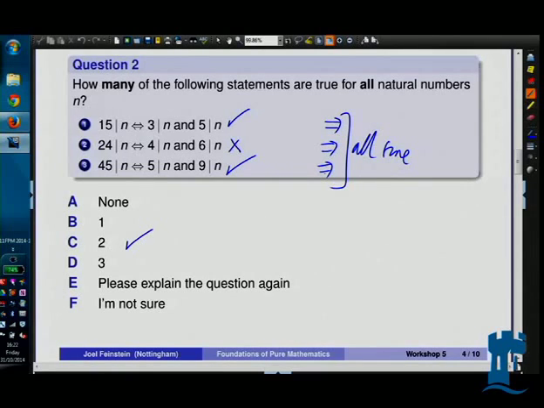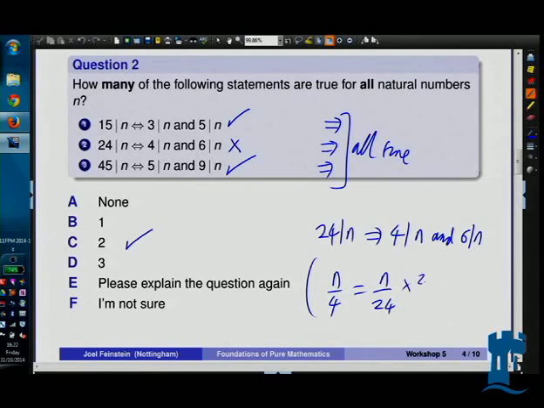So it is true that 24 divides n implies 4 goes into n and 6 goes into n. One way to see that, for example, is n over 4 is equal to n over 24 times 24 over 4, which is equal to n over 24 times 6.